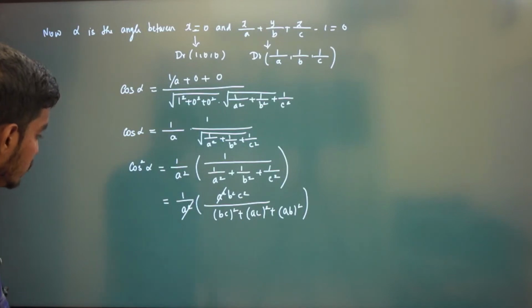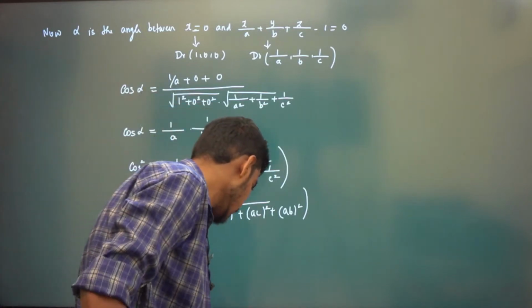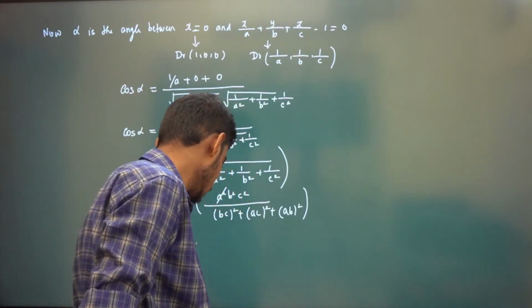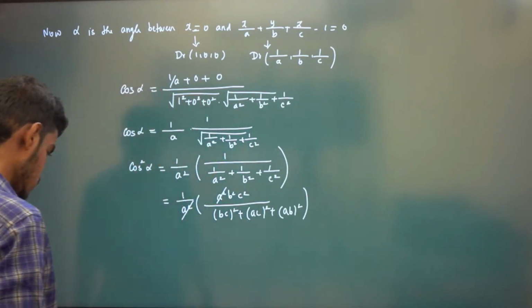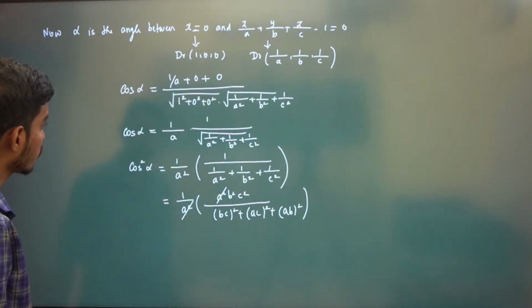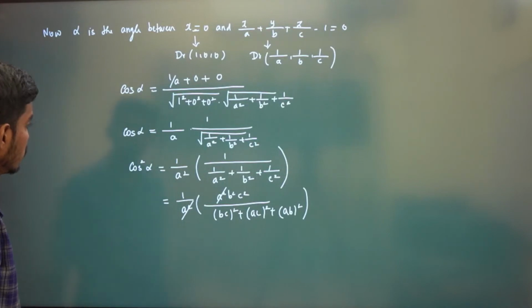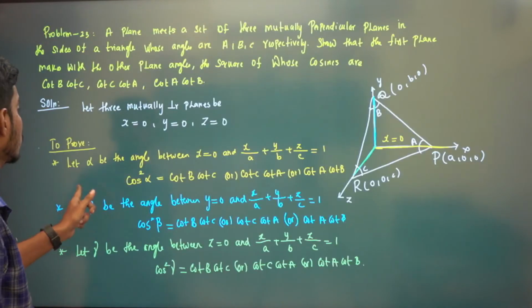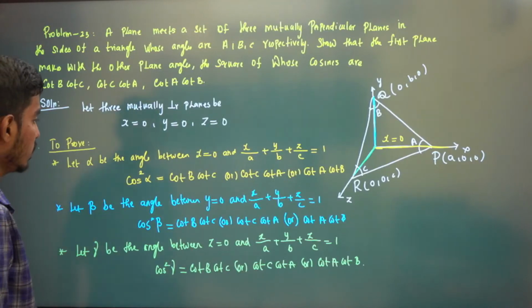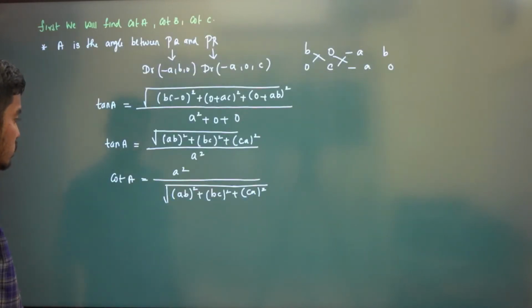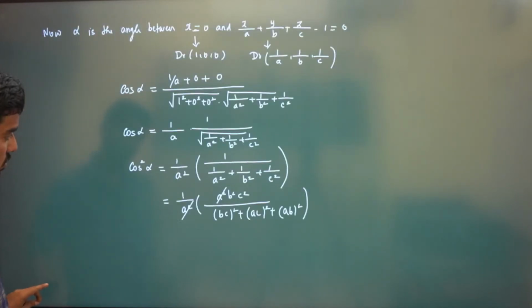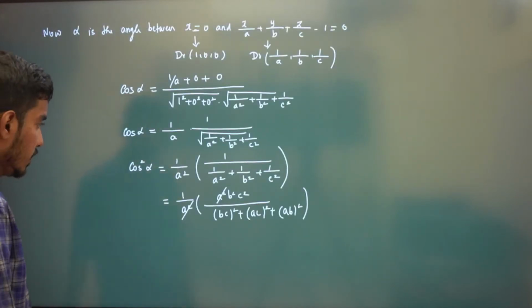Okay, so we have a square plus b square plus c square, right? I think something is missing. We need to show square of this alpha is cot b cot c. Yes, correct only.